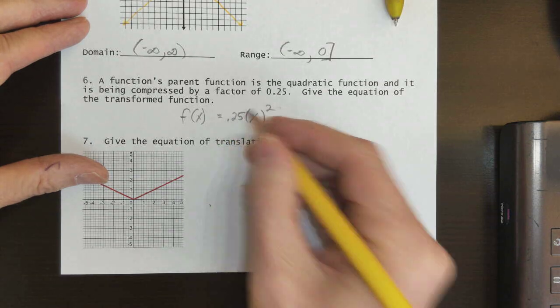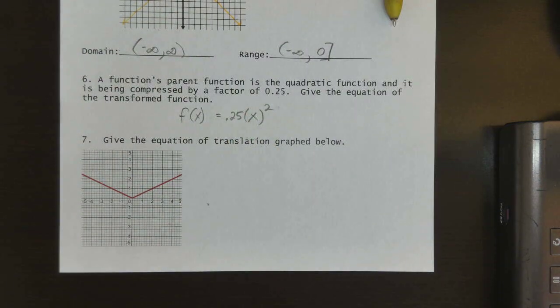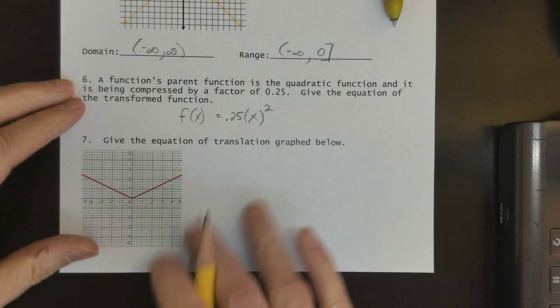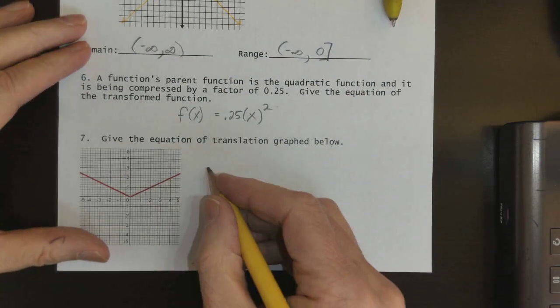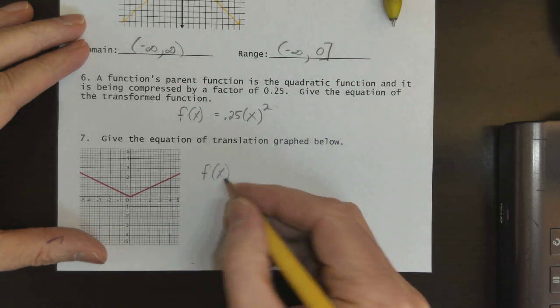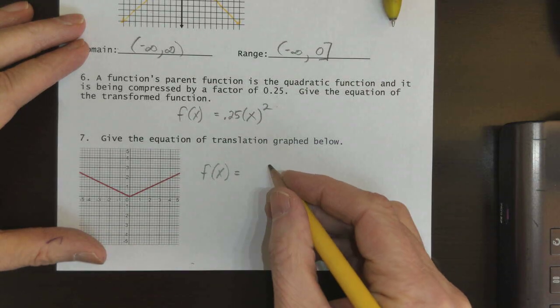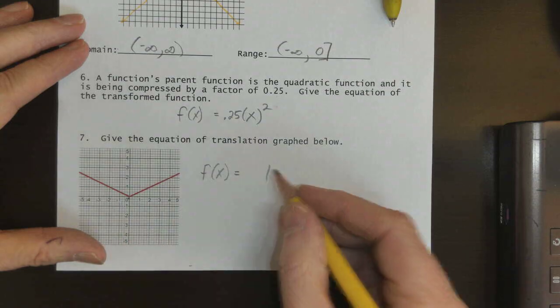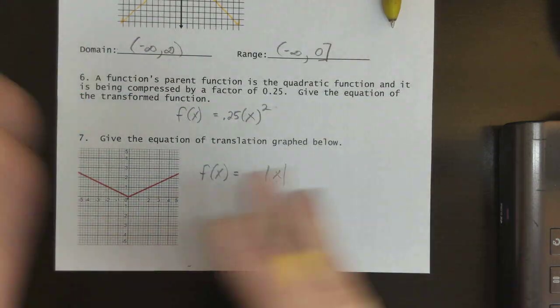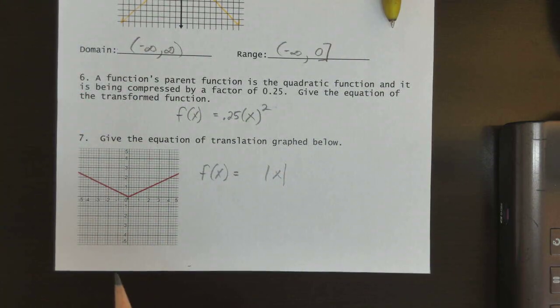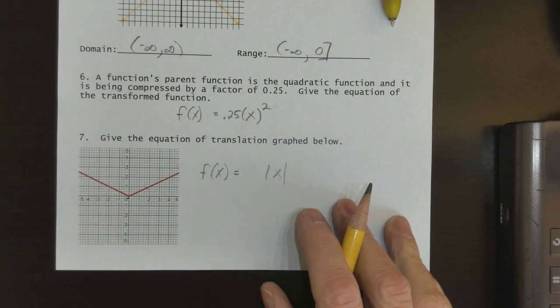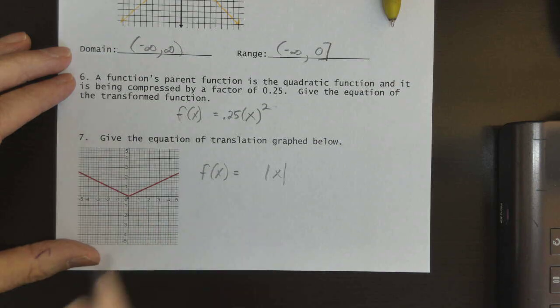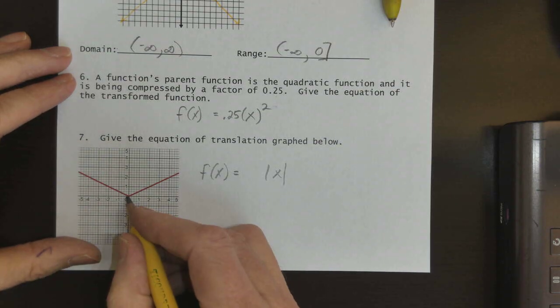And if it's being compressed, it's being multiplied by 0.25. All right. This one is at 0, 0, so it's not being shifted at all, so I'm not going to put room for plus and minus stuff there.